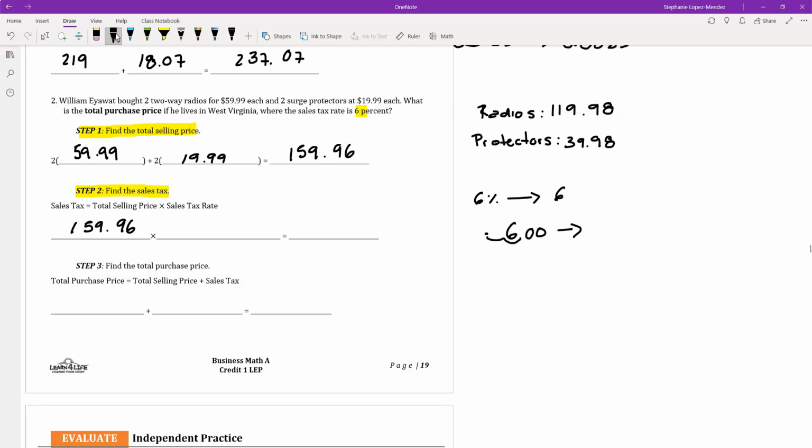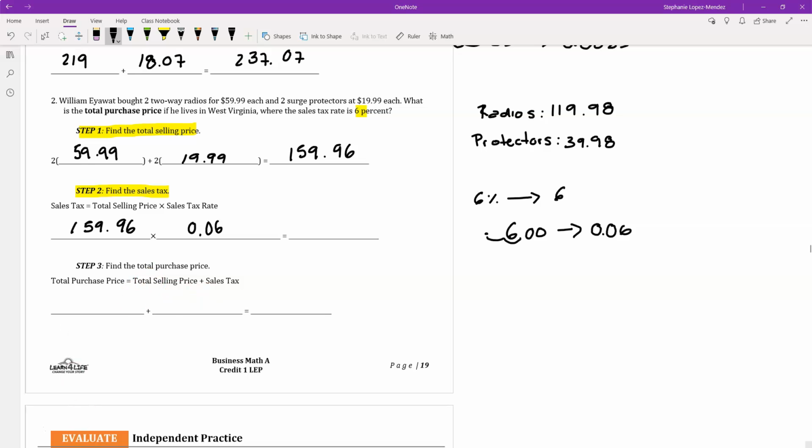It's a 1-digit number, so we need to add 2 zeros, 0.06. And so here my sales tax rate is now 0.06.